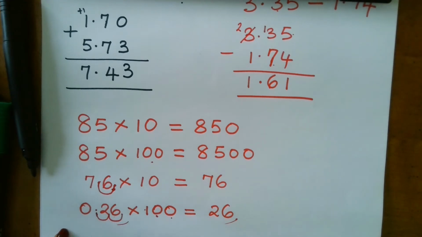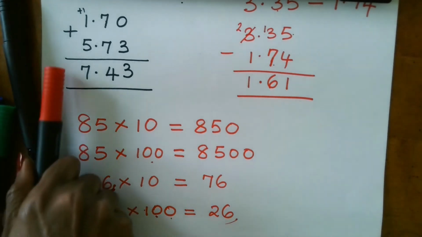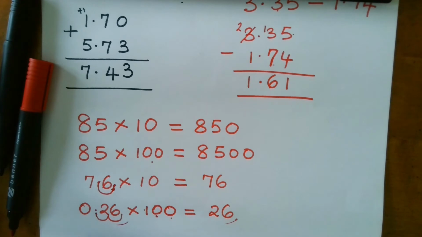Now we're going to have some examples of dividing. Let's take, for example, 6.8 divided by 10.